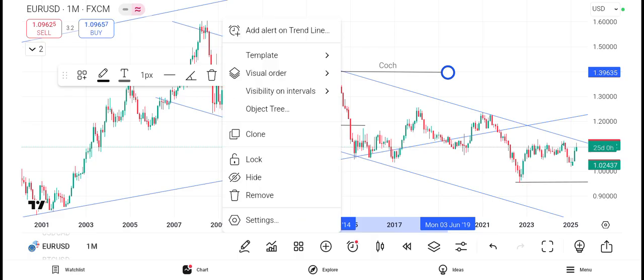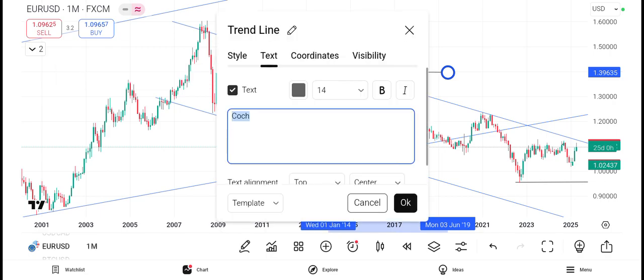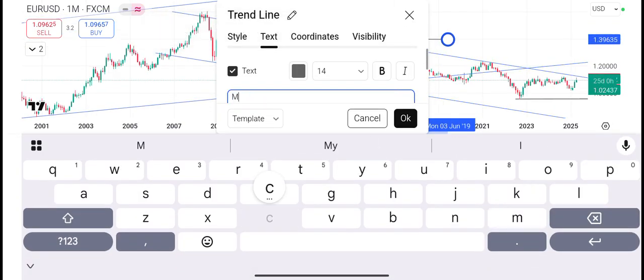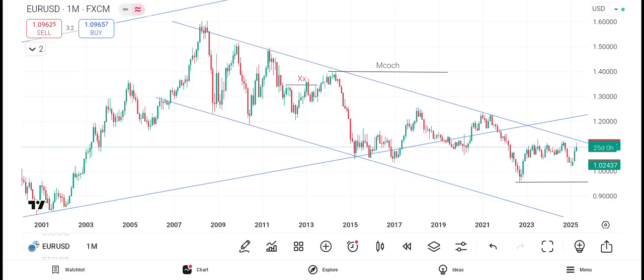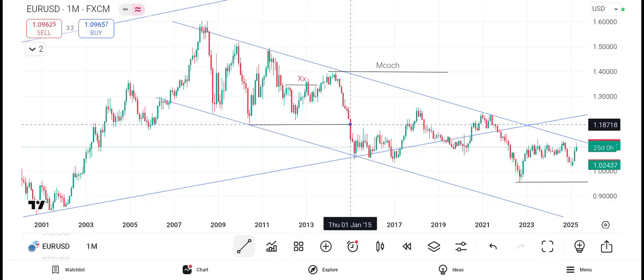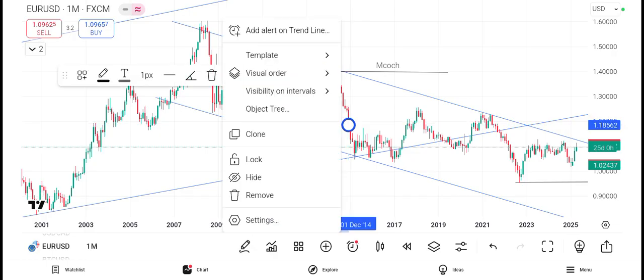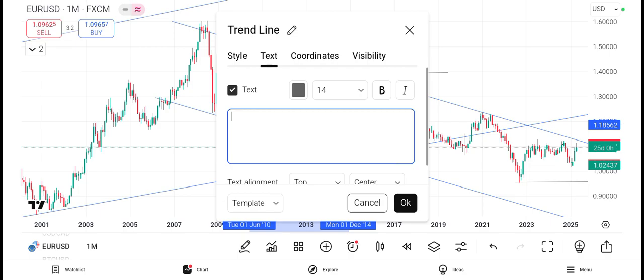I'm just going to target the M chalk, perfect, MBOS. I hate what I'm doing right now. We're just going to draw another line here. This should be our MBOS.